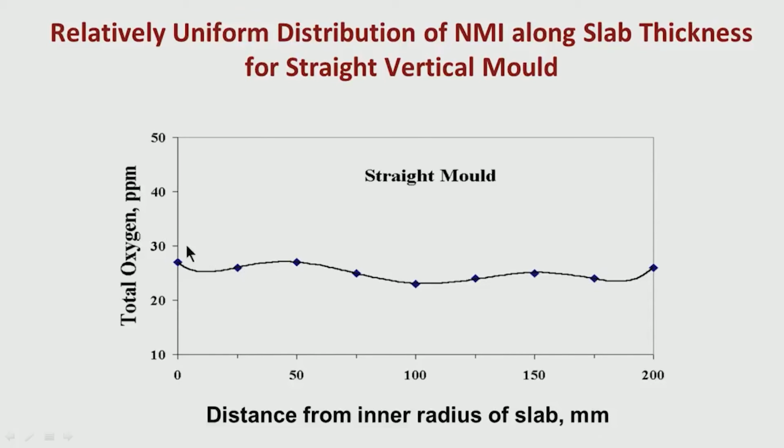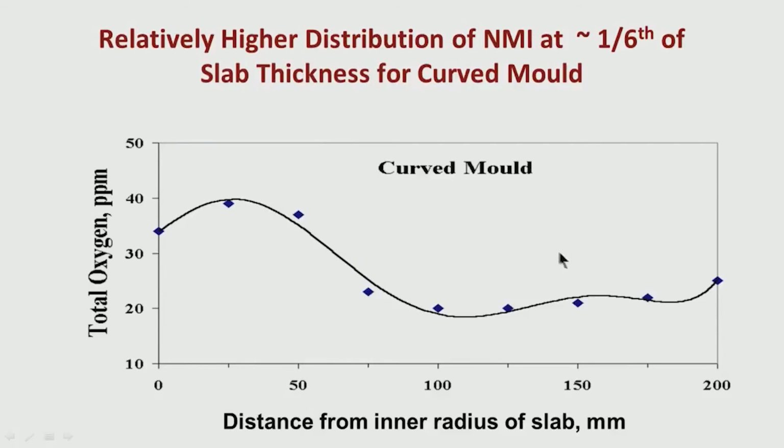If the level here is around 30 or 25, the remaining oxygen is present as oxide inclusions. So, total oxygen is giving an indication of the oxide cleanliness. In both the cases, the average level of cleanliness is more or less the same, but here a certain area near the inner radius is having more inclusions.